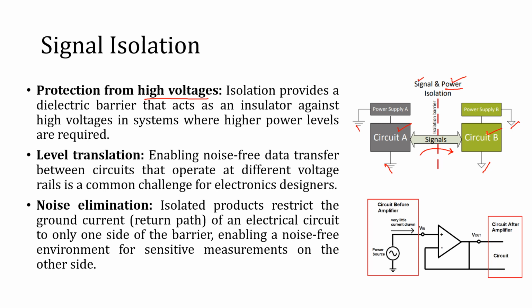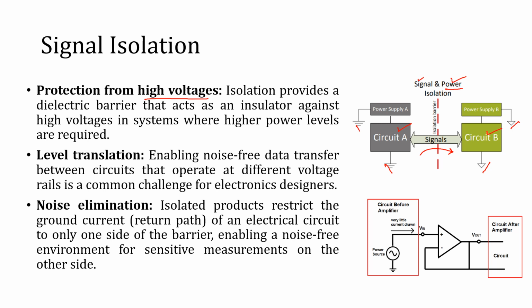In most digital circuits, when we are connecting a high voltage transducer and interfacing with laptops, we use these kinds of circuits. So we are using two things. We are using signal isolation, so that the signal does not have any kind of noise, and we are also avoiding a direct power connection between device B and circuit A.